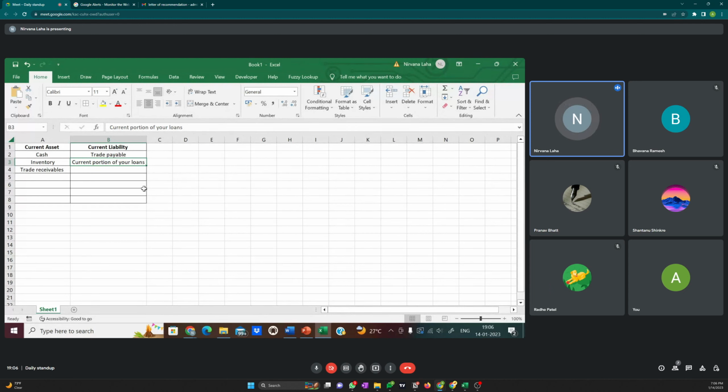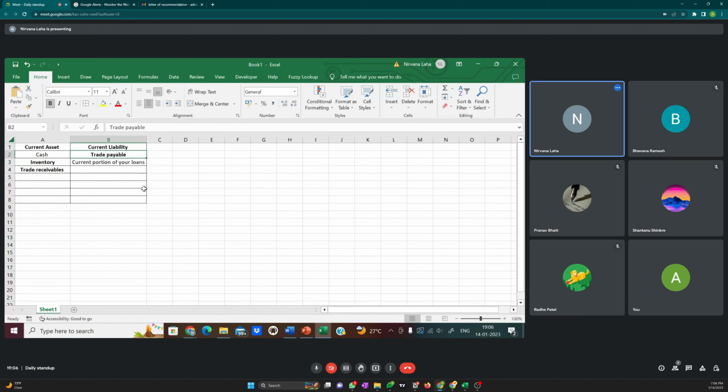On 1 crore loan, you have to pay 5 lakhs interest, but at the same time, you also have to pay back say 10 lakhs of that loan in the first year. That yearly payment of principal also comes under current liabilities. Now, generally, while looking at working capital, the three most important things are inventory, trade receivables, and trade payables.